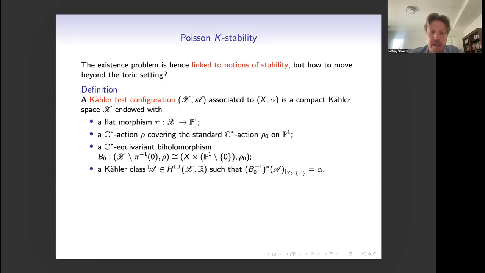And then this class script A is a (1,1) class on script X, which after this equivariant identification is identified with alpha on each fiber.